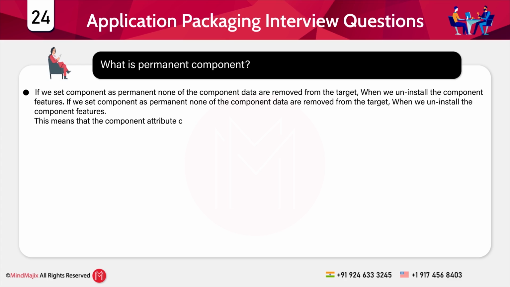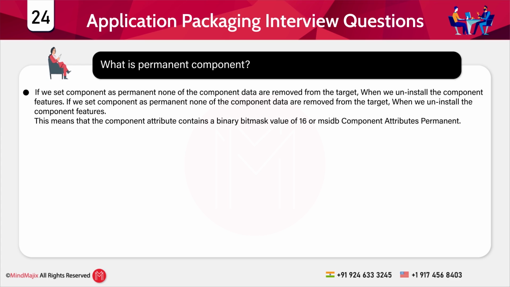What is a permanent component? If we set a component as permanent, then that component is not removed from the target when we run the uninstall. This means that the component attribute contains the binary bit mask value of 16, or msidbComponentAttributesPermanent.